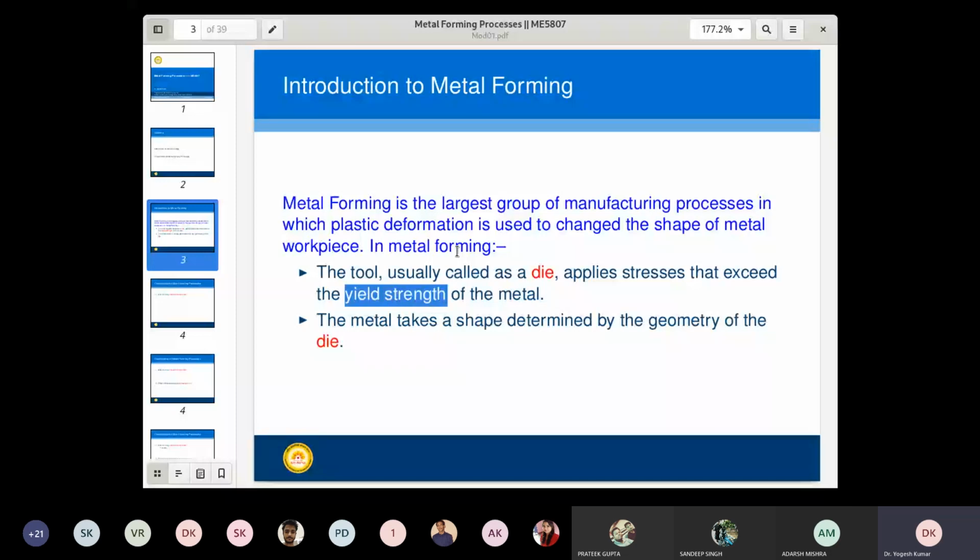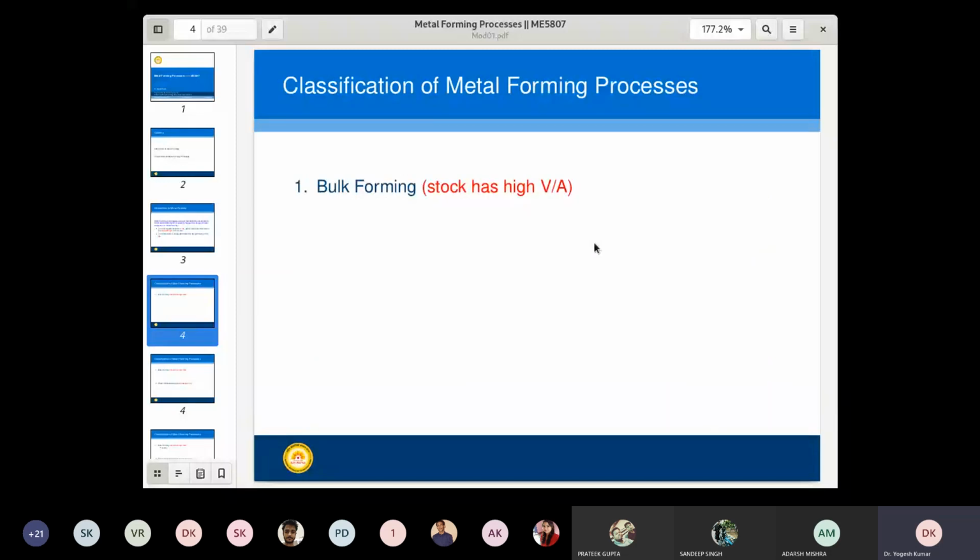Now we will move to the classification of these metal forming processes. How are these metal forming processes classified? There are two major groups in metal forming processes. One is bulk metal forming, and the other is sheet metal working.